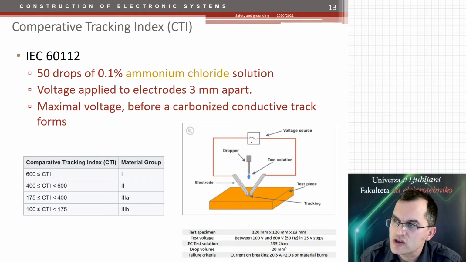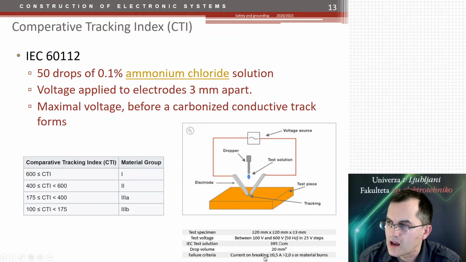Then they measure at which voltage the current starts to flow in large quantities, such as, let's say, half an amp for more than 2 seconds, or the material burns. That's the criterion. So the comparative tracking index is the voltage at which this phenomenon occurs.